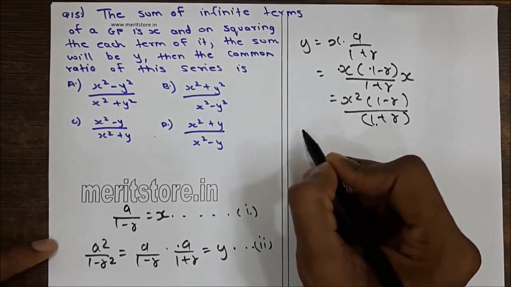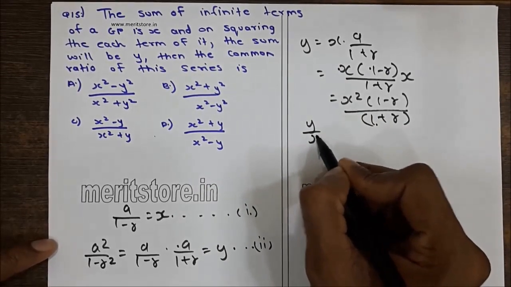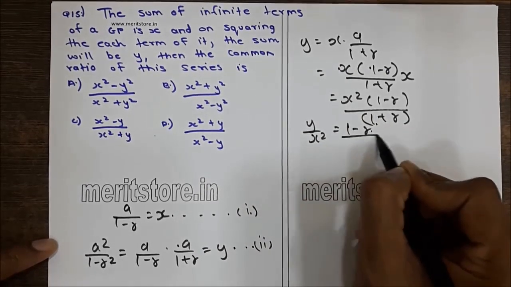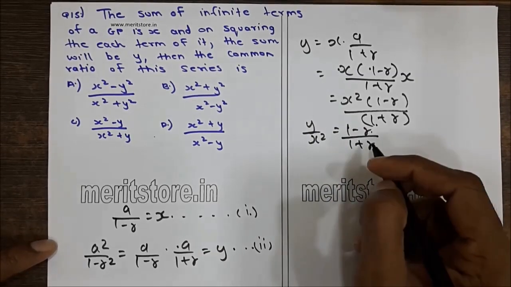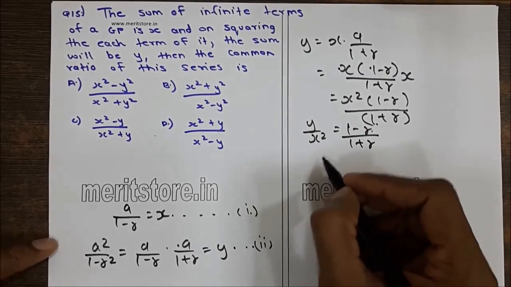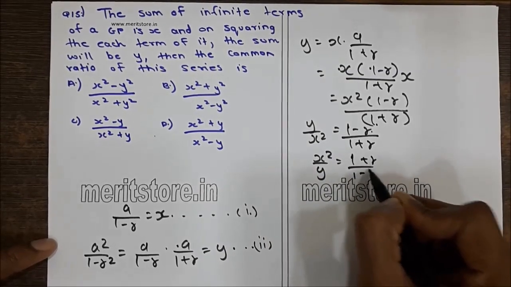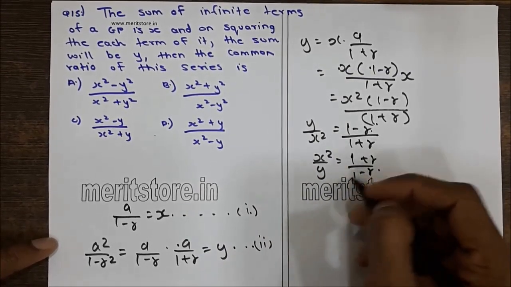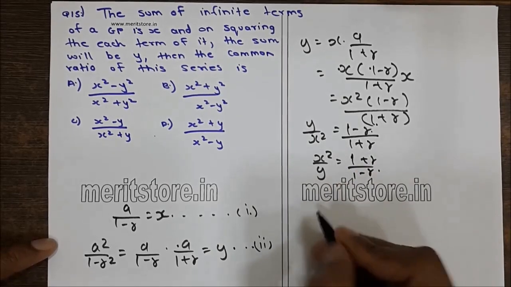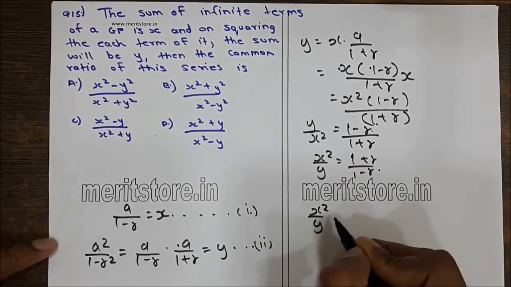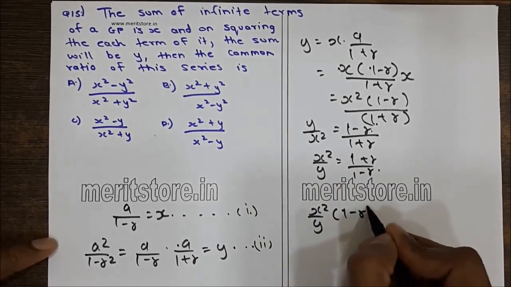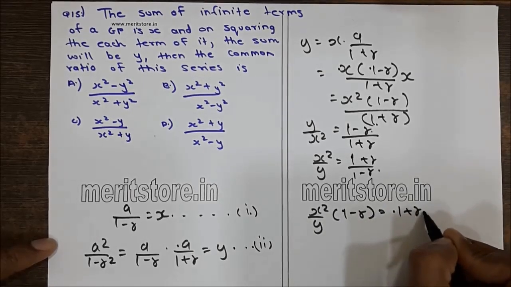We take x² on the left hand side, we get y / x² = (1 − r) / (1 + r). So we invert on both the sides, we get x² / y = (1 + r) / (1 − r). Further solving this, we take 1 − r on the left hand side, we get (x² / y)(1 − r) = 1 + r.